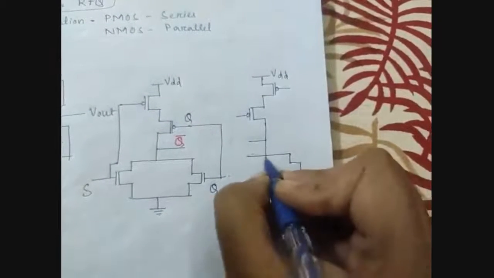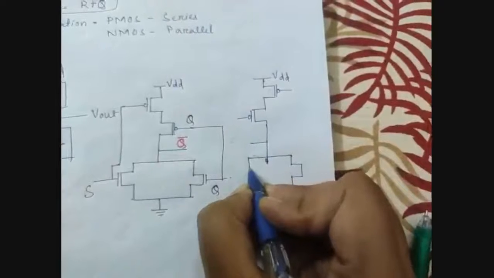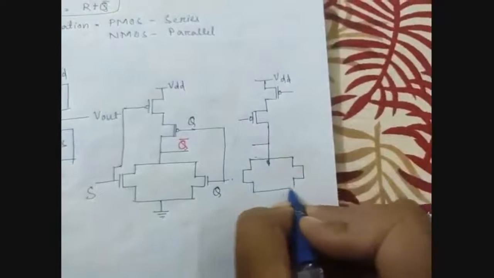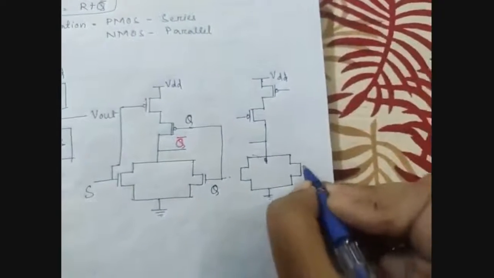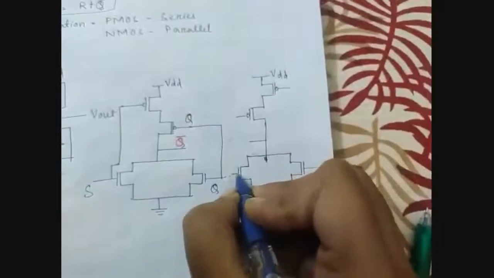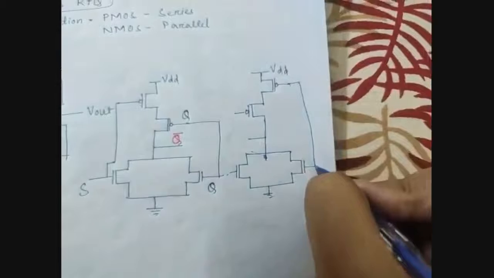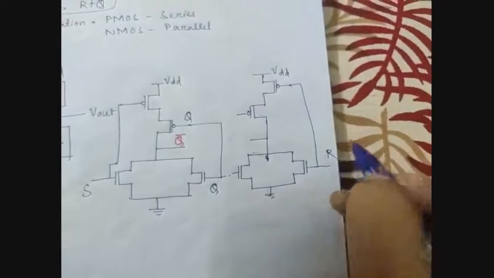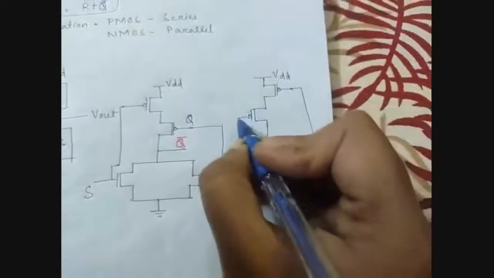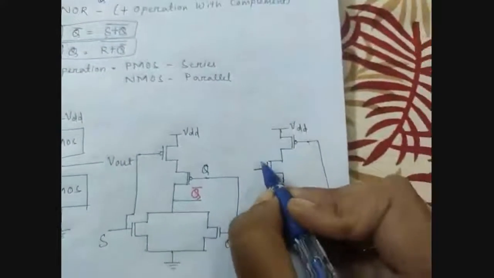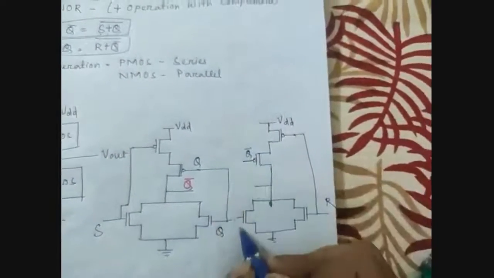Okay, so here the input is R, and this one is, as per the equation, Q bar. Okay, Q bar. So we connect these two.